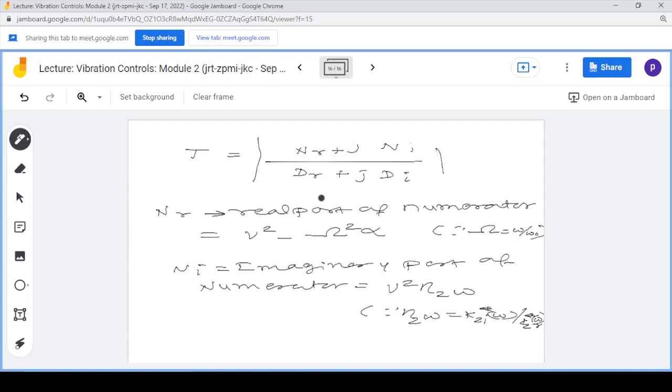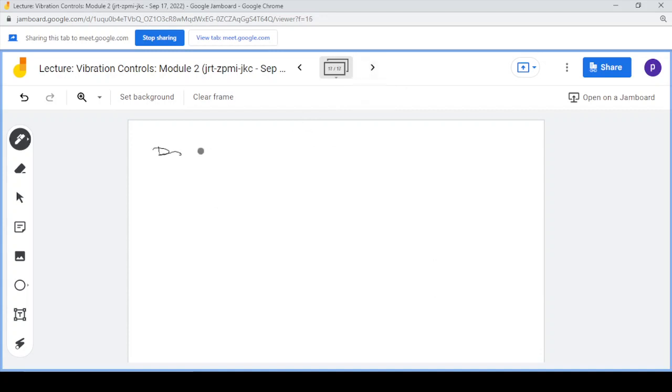Now let us define what this Dr is. So Dr is the real part of the denominator. What is that real part of the denominator?